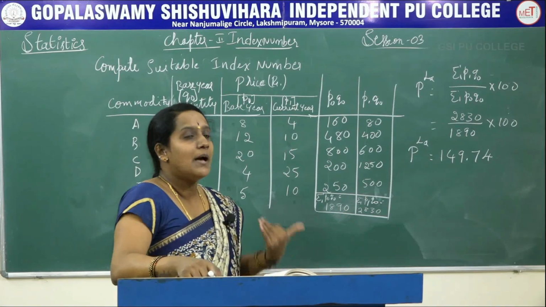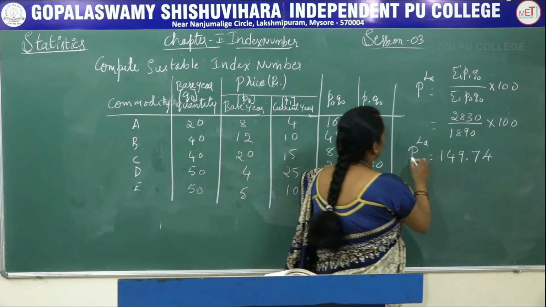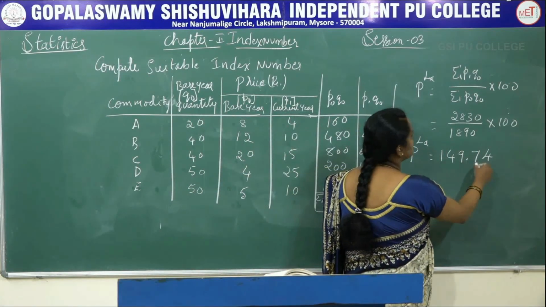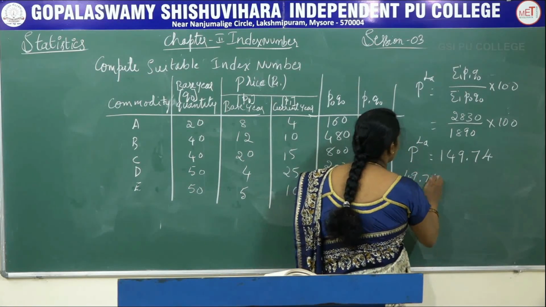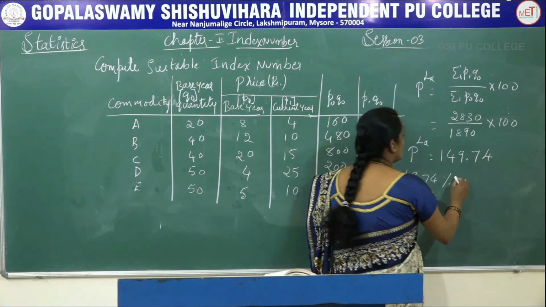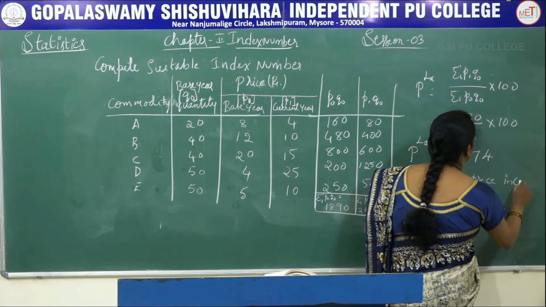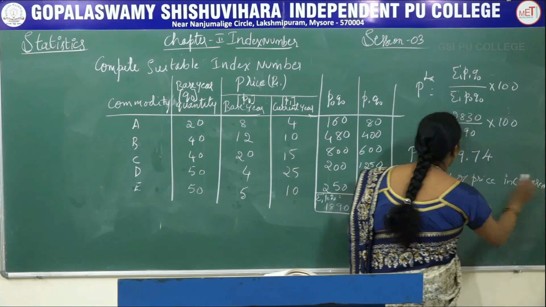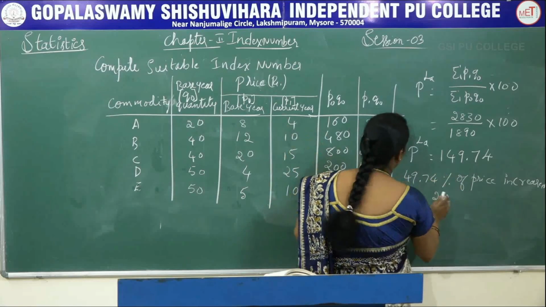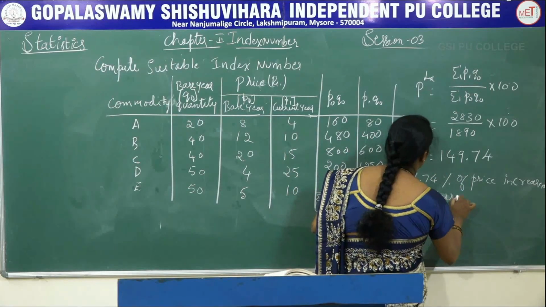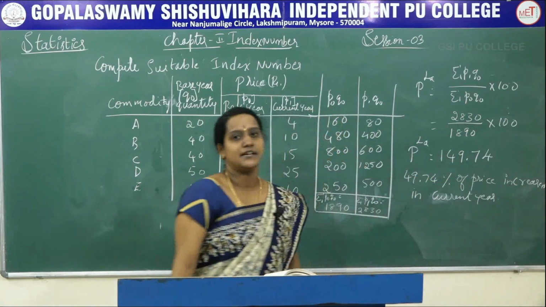For this particular problem, the Laplace price index number is 149.74, so 49.74% of price increased in the current year. They have not mentioned the year, simply it is the current year.